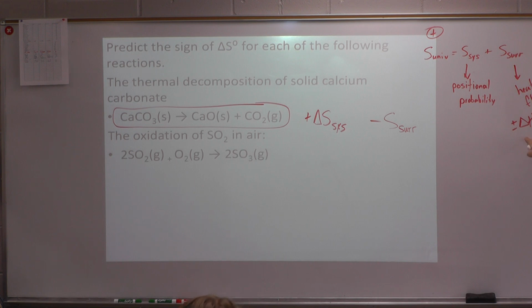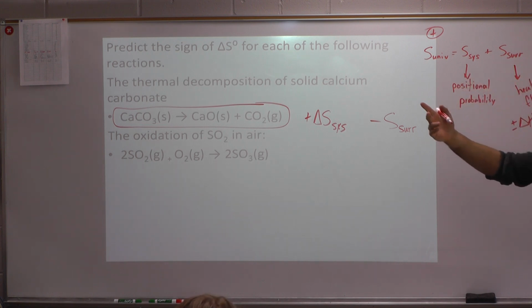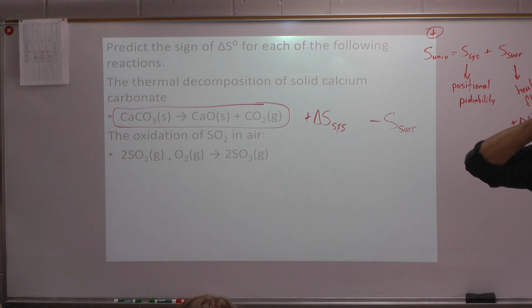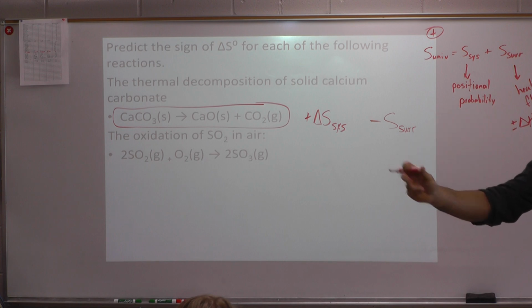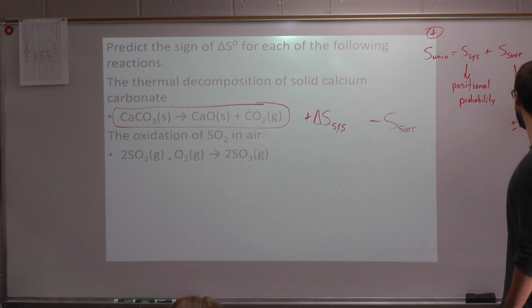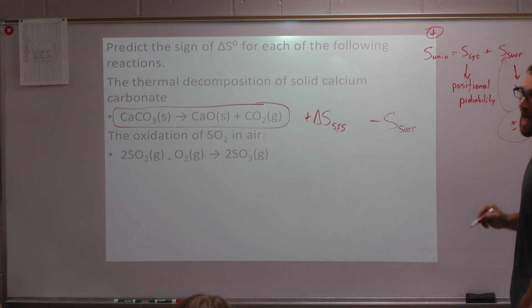And you're probably thinking, well, why is the surroundings determined by the system's enthalpy? But if we know the system's enthalpy, don't we also know where the energy is going or coming from? Right? If I have a negative change in H of the system, that means the surroundings is gaining energy, making it more disordered, giving it a positive change in S. So we're using this to determine the sign of that.